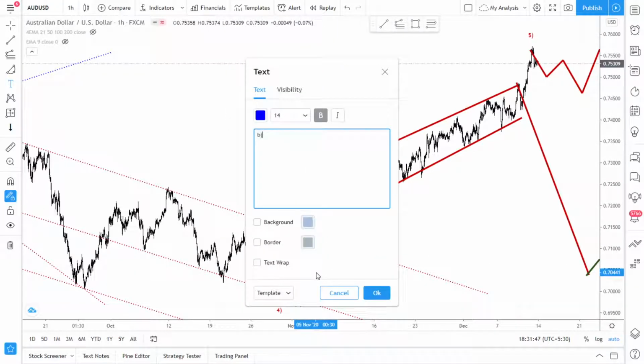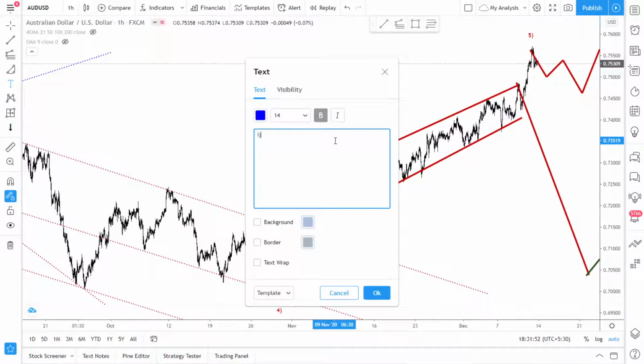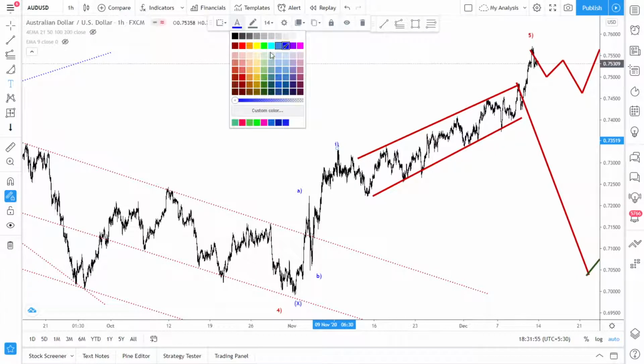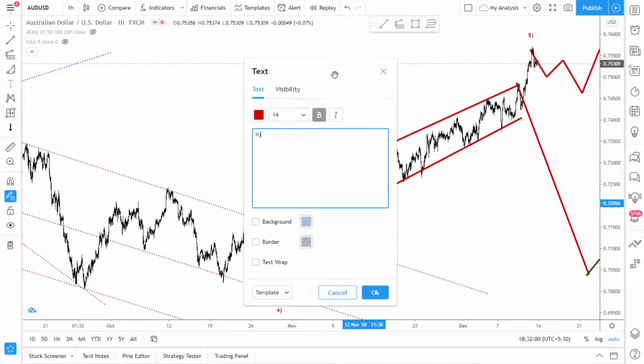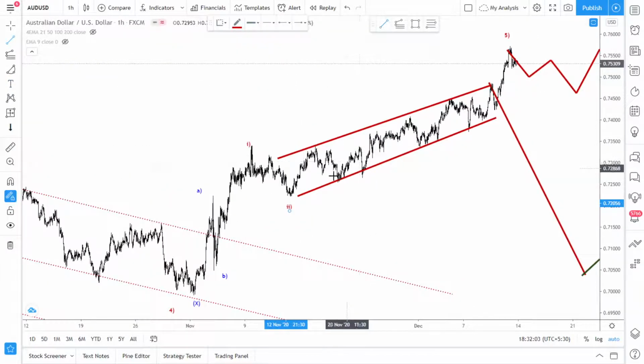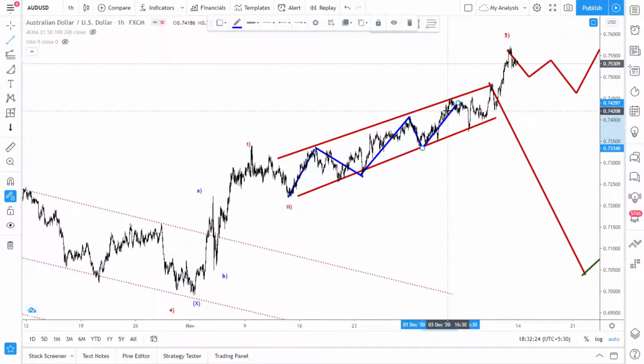So this could be a B, and C is, there is a 1 of red, and this could be a 2, and here you need to look at this 1, we will make it blue, 2, 3, so 2 you can make it here, and then 3, 4, 5. 1, 2, 3, 4, 5 is completed.